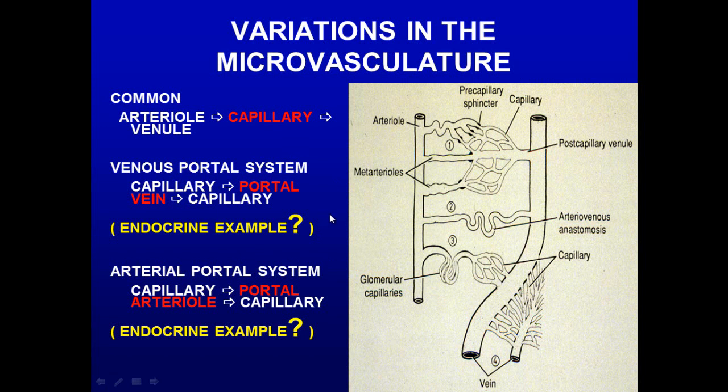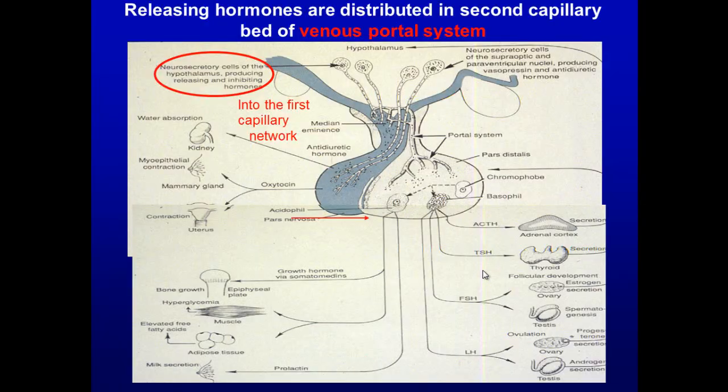And then also if you look at the blood supply in the endocrine organs, there's two portal systems. A portal system is where you have a blood vessel between two capillary networks. And in every case, the first capillary network modifies the blood composition, and the second capillary network benefits from that local changed blood composition.